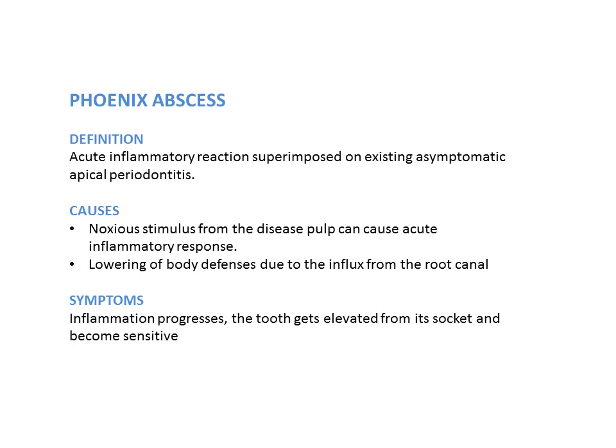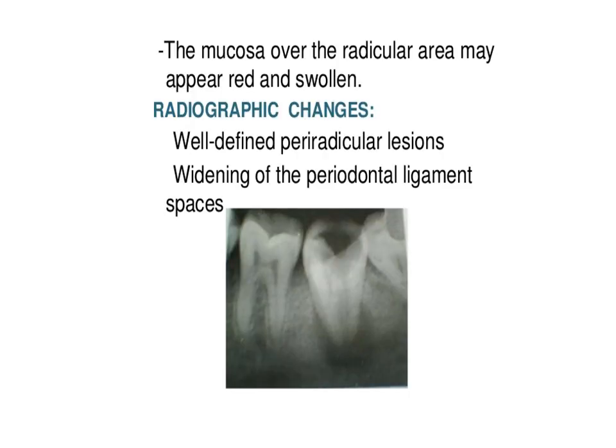As inflammation progresses, the tooth gets elevated from its socket and becomes sensitive. On diagnosis, you will see that it's already elevated from its socket and it will be sensitive. The mucosa over the radicular area may appear red or swollen. Always check the gum clinically, not only depending on the percussion.